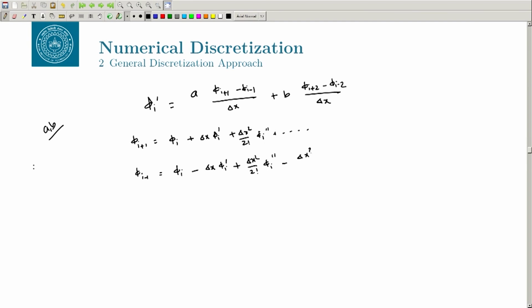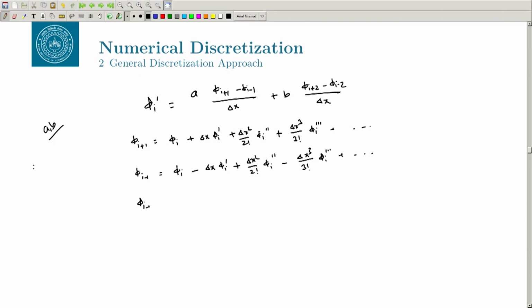Okay, I will write one more time, minus delta x cube by factorial 3 phi I triple prime, and you can write more terms, okay.